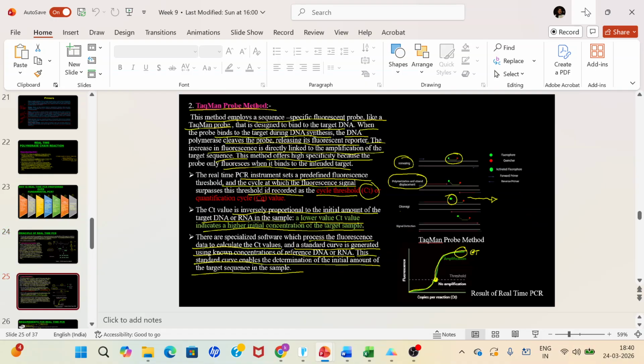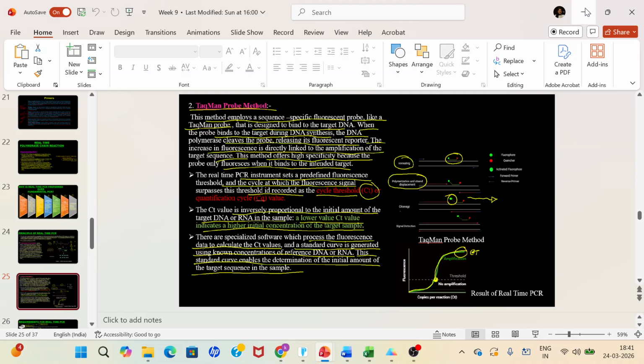Okay, after that we have the TaqMan probe method. This method employs sequence specific fluorescent probes, like a TaqMan probe, that is designed to bind the target DNA. When the probe binds to the target DNA during synthesis, the DNA polymerase cleaves the probe, releasing its fluorescent reporter.